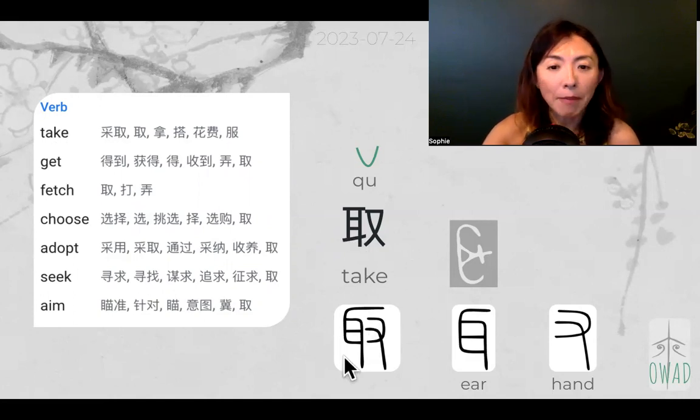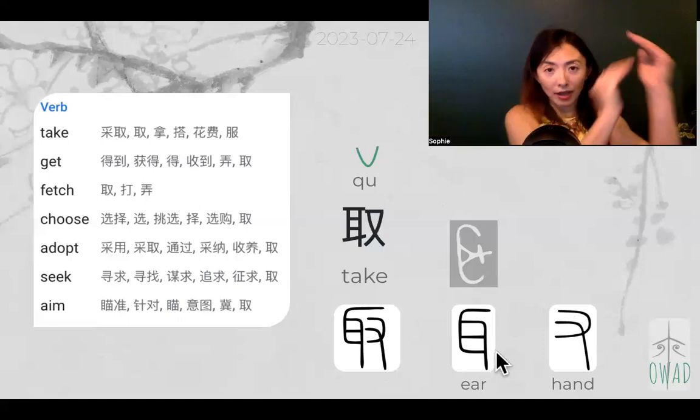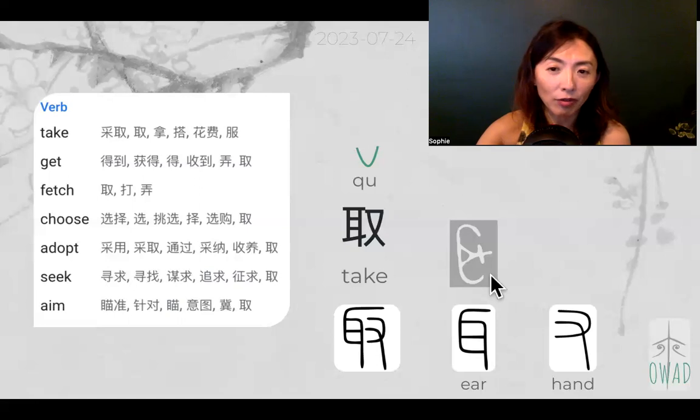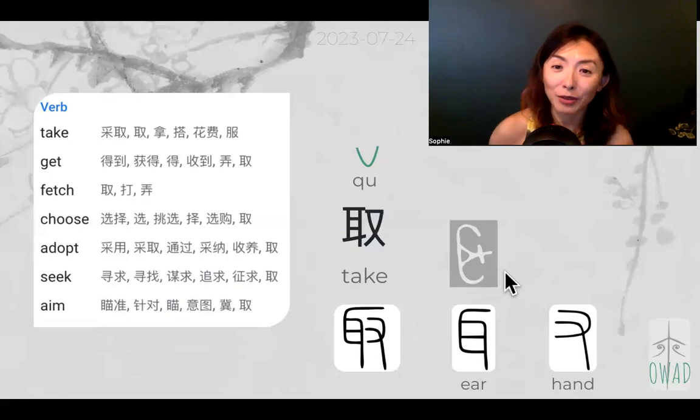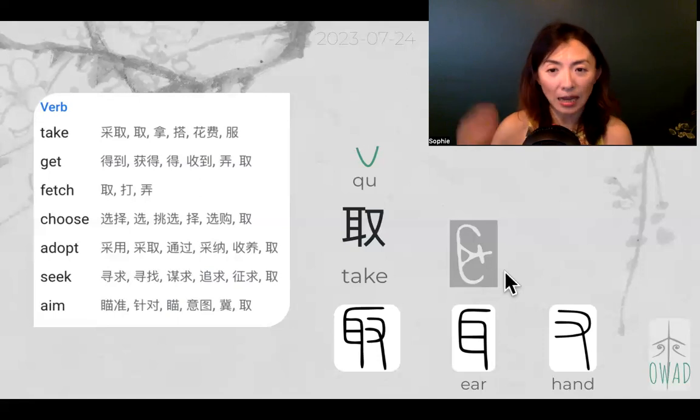取 is made up of a left and right structure: an ear, with a hand next to the ear. The ear representation got abstracted into this shape. In one of the original versions, you can see it's a very close visual representation of the shape of the ear.